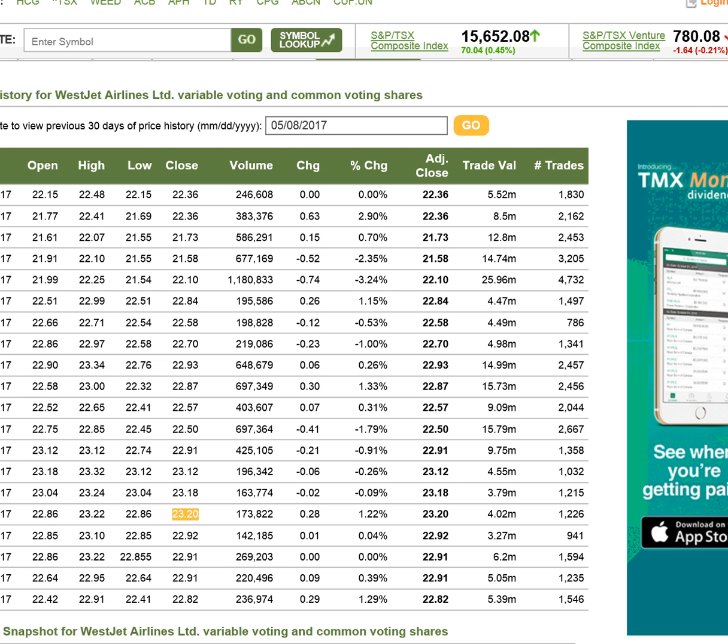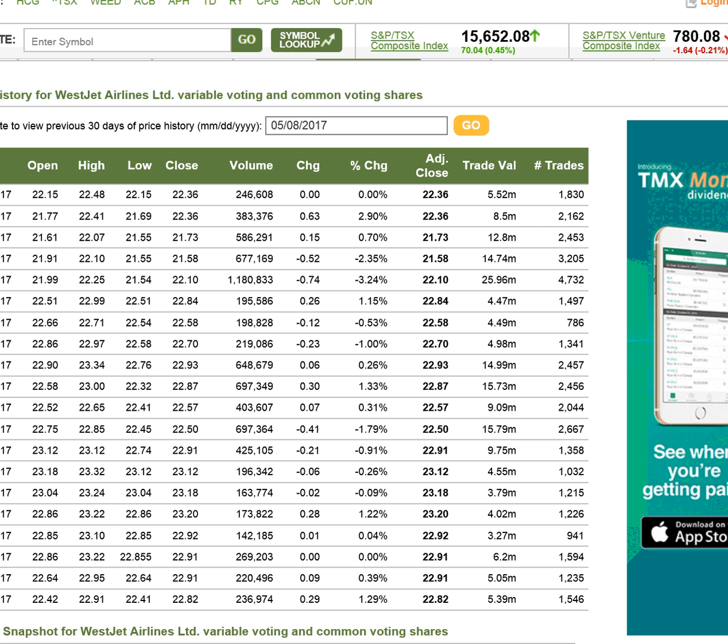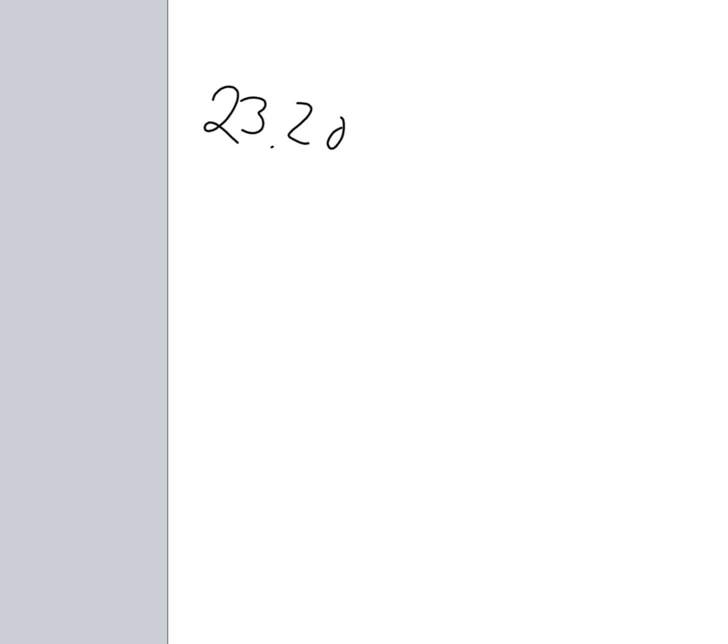So we need to figure out a way to choose a scale. $23.20 was the highest, and let me go back to that, $21.58 was the lowest. This is the highest, and this is the lowest. So the first thing you need to do is figure out something called the range.